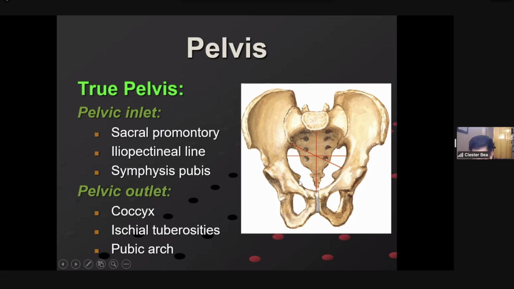Iliopectineal line on the other side, sacral promontory. If you have seen the sacrum as it articulates with L5, you will notice that this edge of the sacrum has a slight forward curve, and that is the sacral promontory.